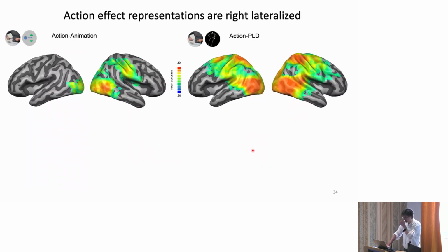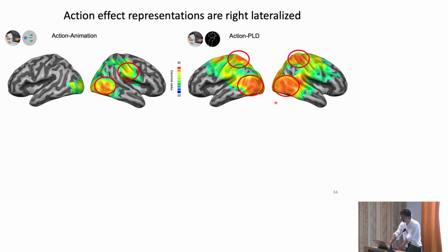We also ran a searchlight analysis which revealed effects in line with the ROI analysis, namely that action effect decoding peaked in the AIPL, whereas body motion peaked in the SPL, and also as expected in the LOTC extending into the pSTS.